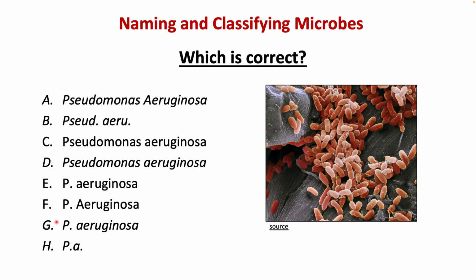And in G, you write a simple P to represent Pseudomonas, and then this is the species name. There is more to practice on Connect if you read the course material.